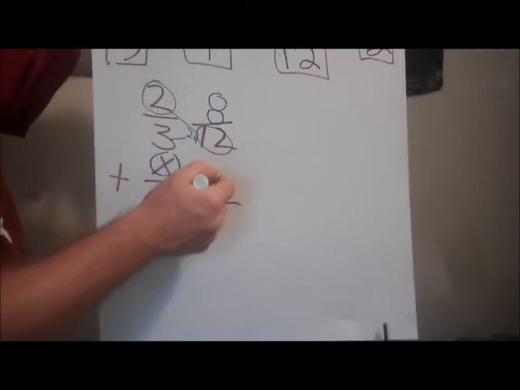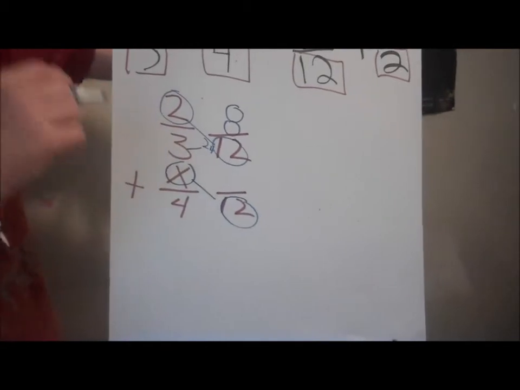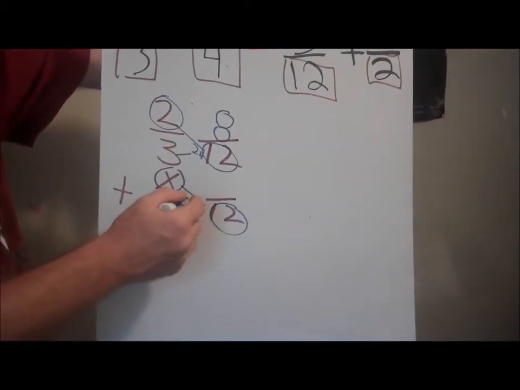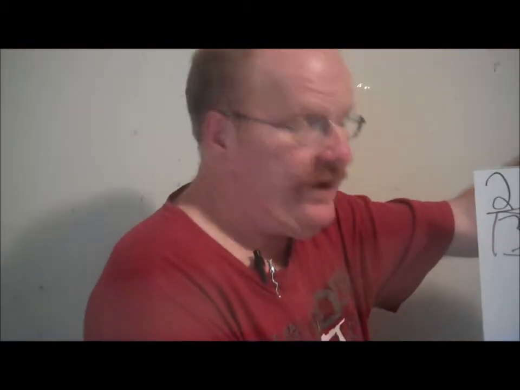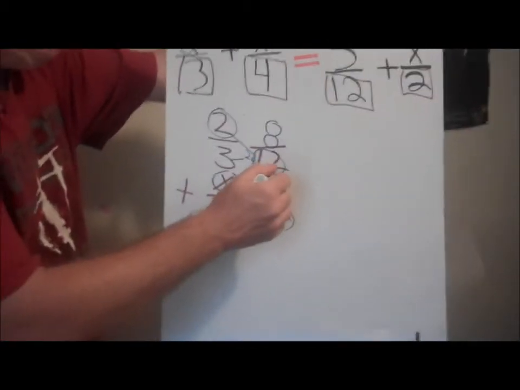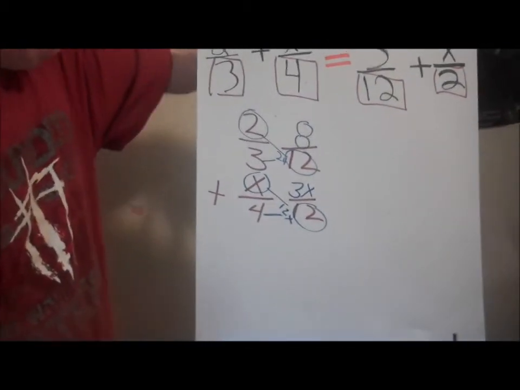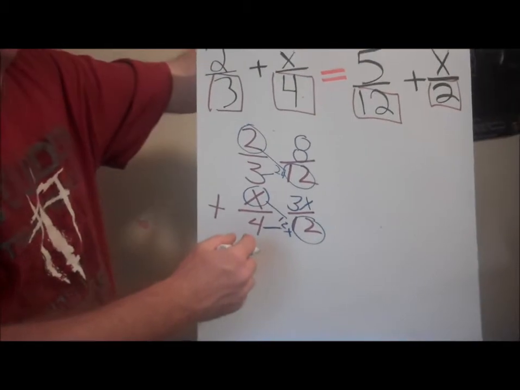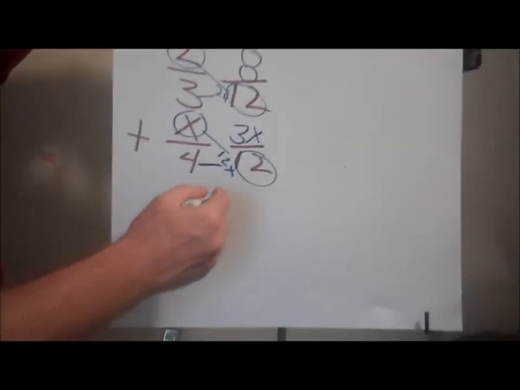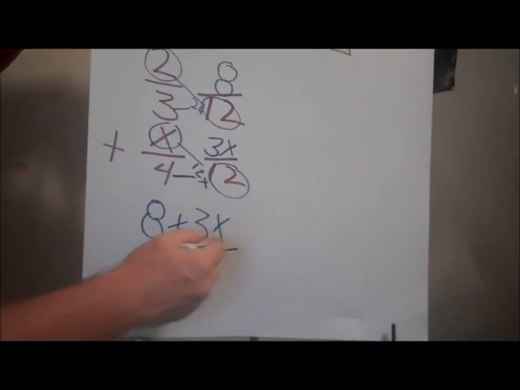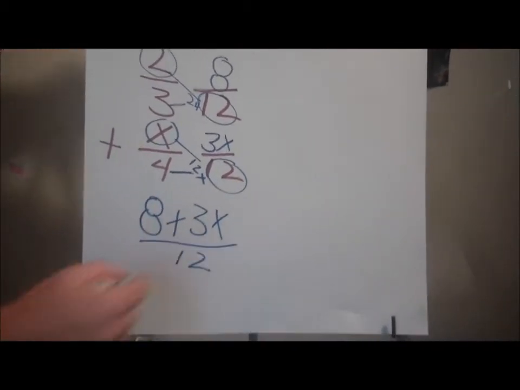Remember my driving at Walmart. I get 12x. I have to keep everything together. And then 4 goes into 12 3 times, and we need that x. So on the one side of the equation, we have 8 plus 3x over 12.